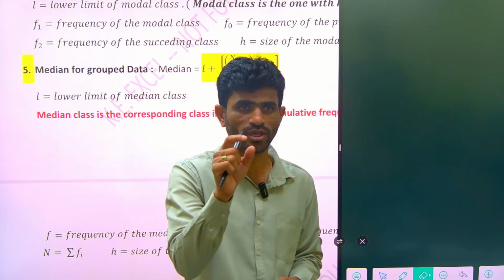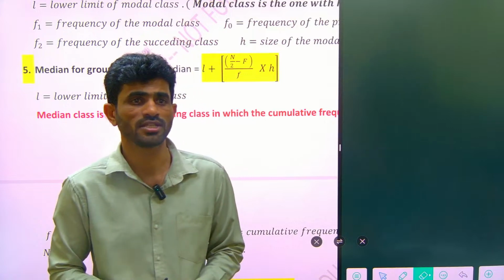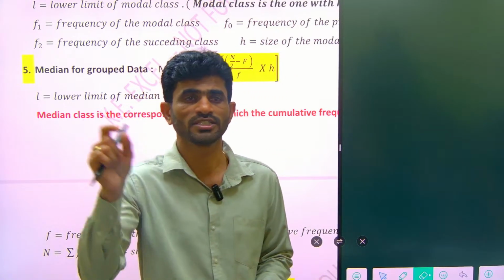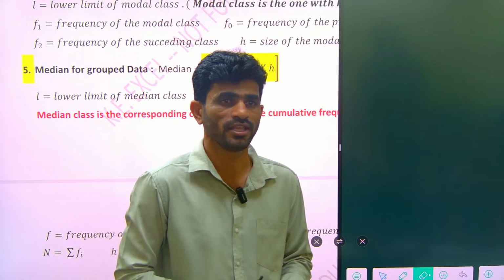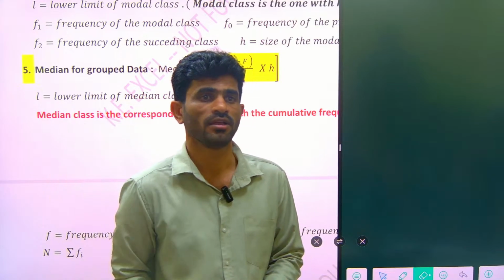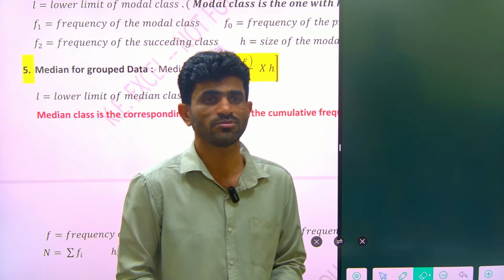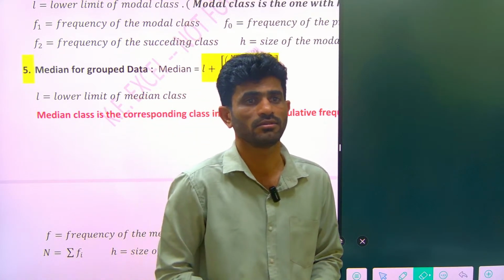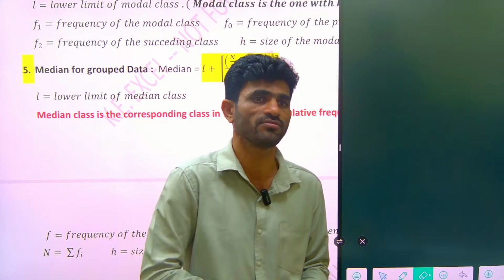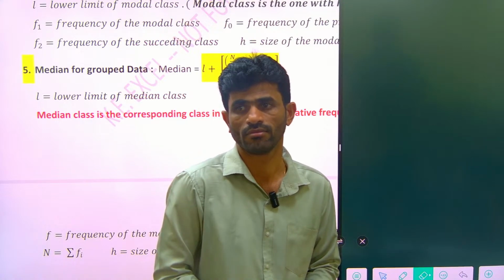In which class you have the highest frequency, that is the modal class. Objective type questions also sometimes will come: find which of the following is the lower boundary of the modal class. There is nothing to do. What you have to identify is the highest frequency, and in which class it is there. That class is the modal class and its lower boundary is L. Without finding the modal class, you cannot find F1, F0, F2, or even L. Yes or no?